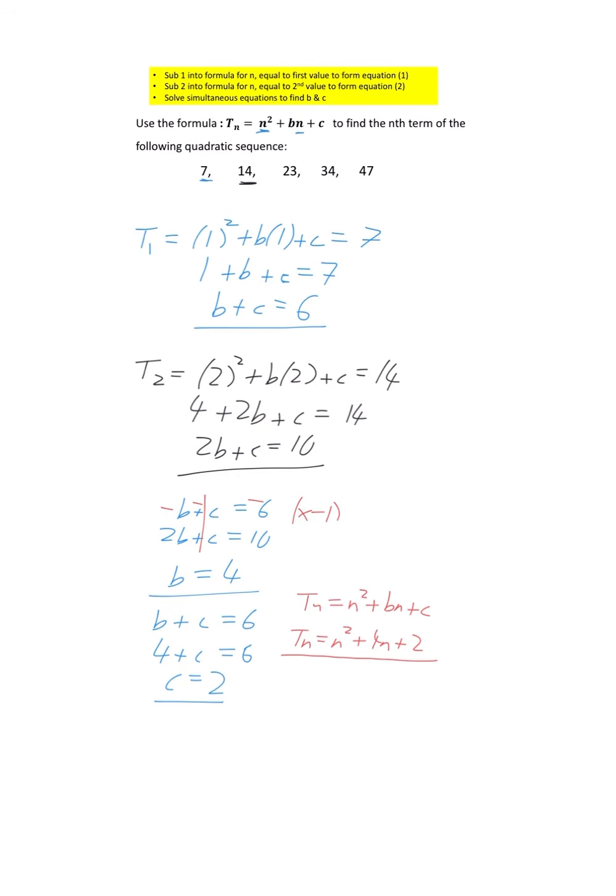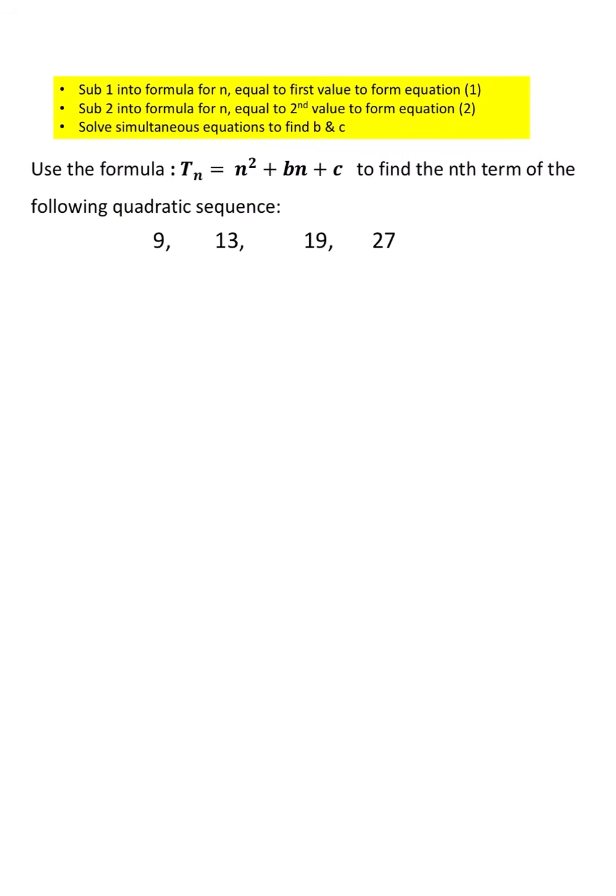Okay, let's have a look at one more. So again, we're going to follow the same steps here. We're given a sequence and we need to find a general term for the quadratic sequence. So step 1, let's sub in 1 instead of n and equal it to the first term, which is 9.